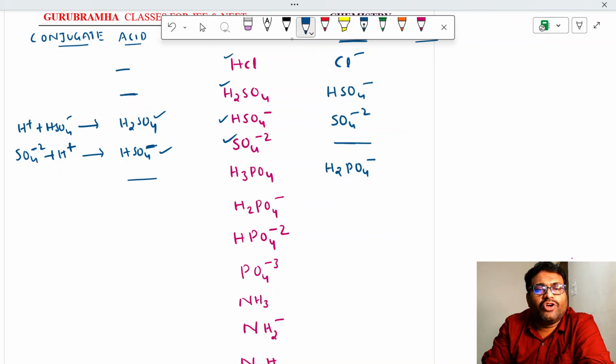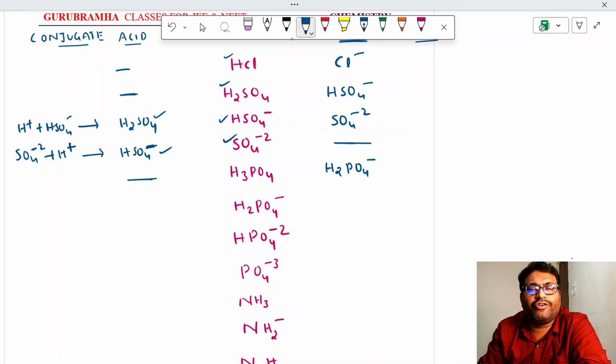So there is no conjugate acid for H3PO4. It cannot accept a proton. The possibility is not there. After accepting a proton, no such compound is formed.